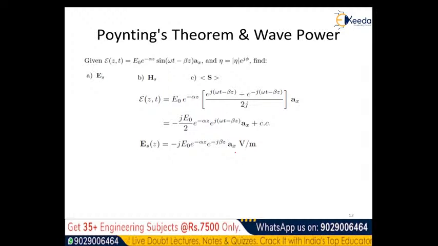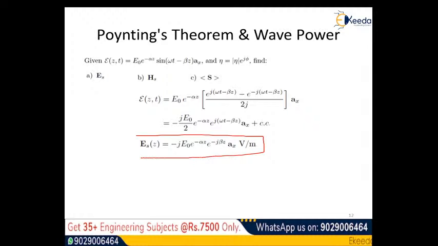The direction of variation for the electric field is the x direction, so the unit vector ax, and it is measured in volts per meter. So this will be the solution to part A here.